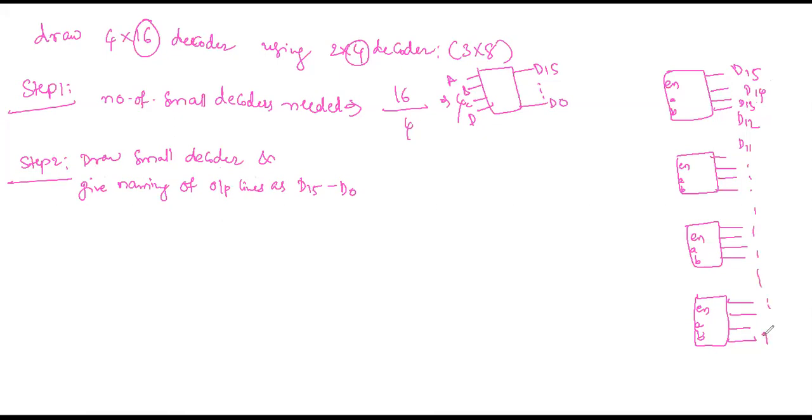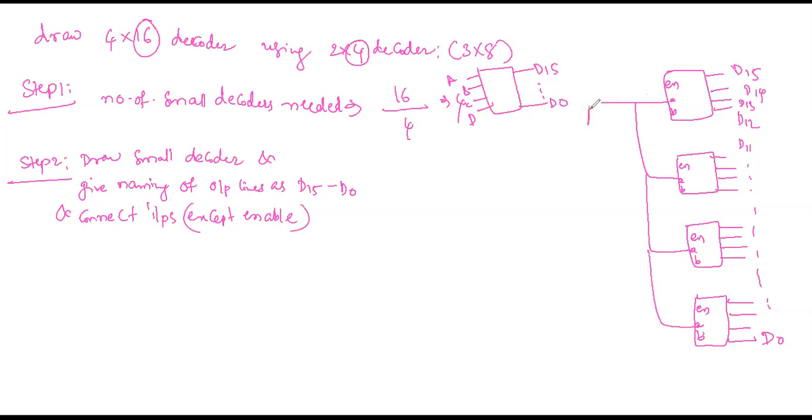Like this, give the name D0 and connect inputs except enable. Except enable, connect the inputs. Connect A, this is A. B. Here two inputs are okay.